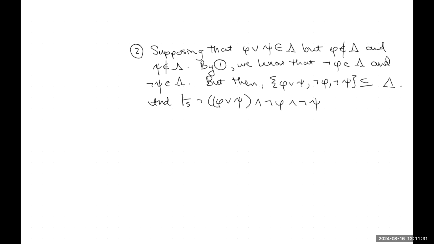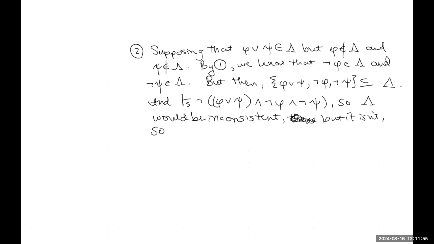Again, this is another substitution instance of a tautology. So if this were the case, lambda would be inconsistent. But we know that it's not by hypothesis, therefore, but it isn't.